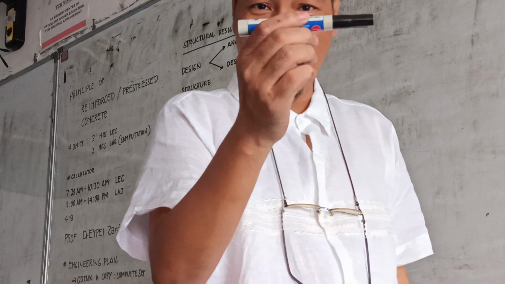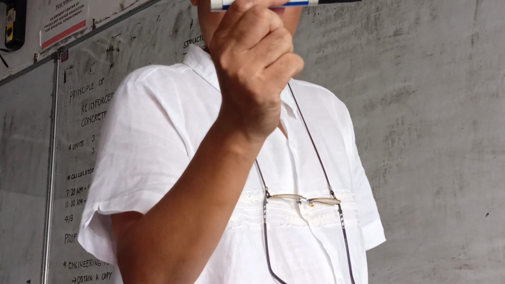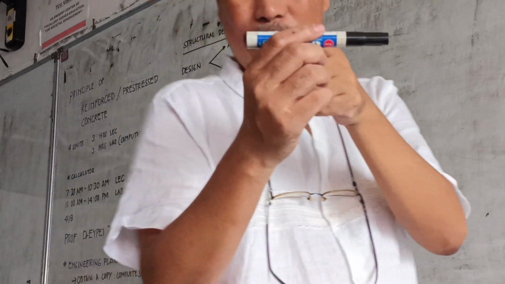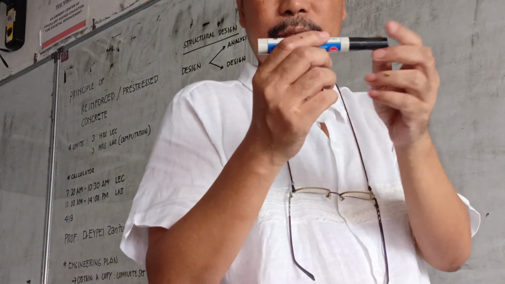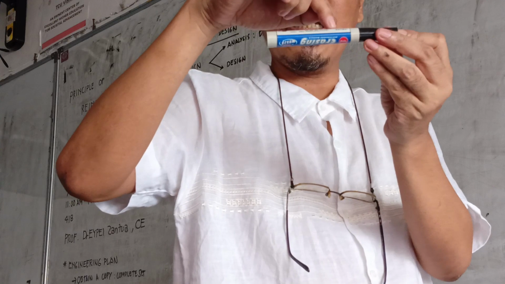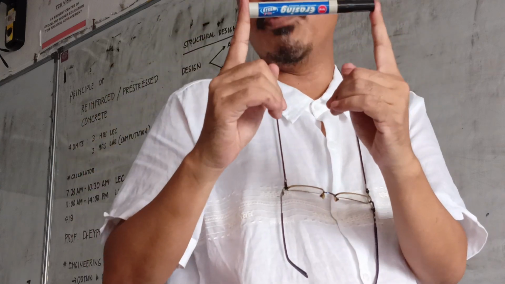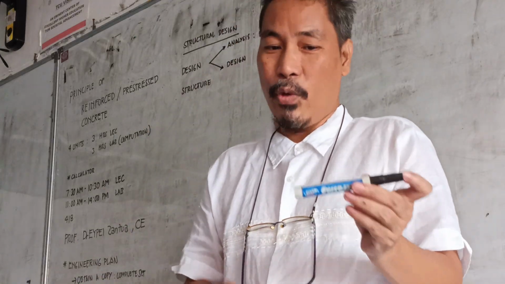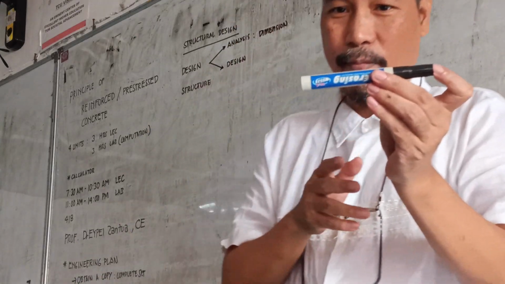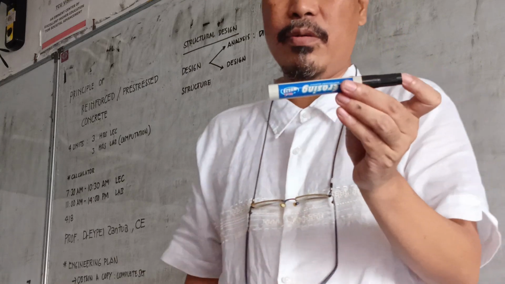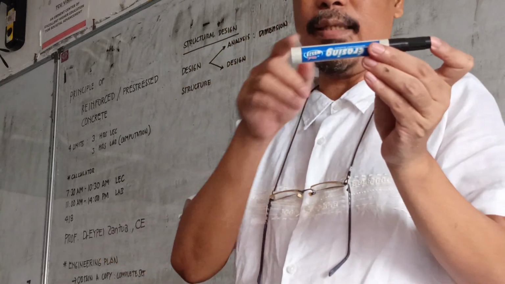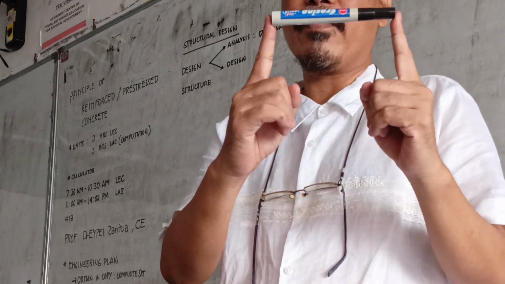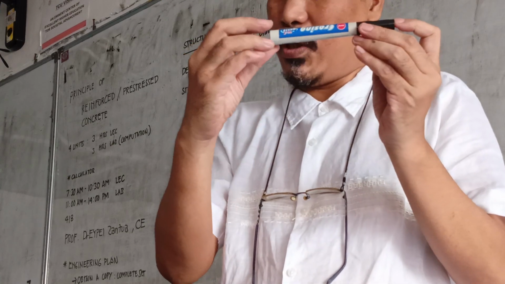Very simple, no? However, when we say analysis, can this particular dimension withstand, for example, 3 kilos of load when utilized as a beam? That is what we mean by analysis. We would like to be able to confirm yes or no, can this structure withstand 3 kilos of load if utilized as a beam with a specific diameter.